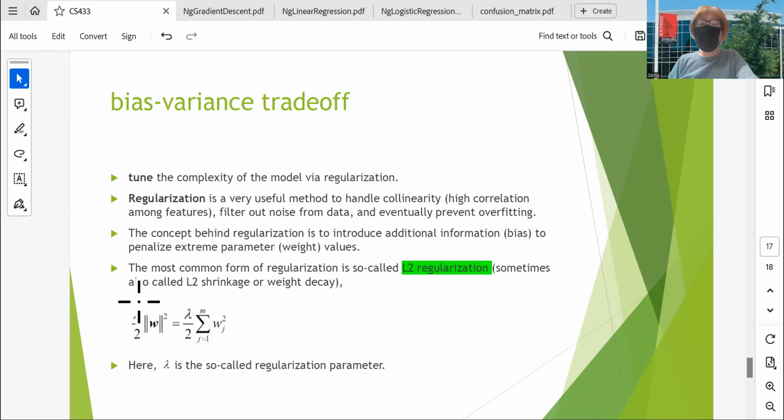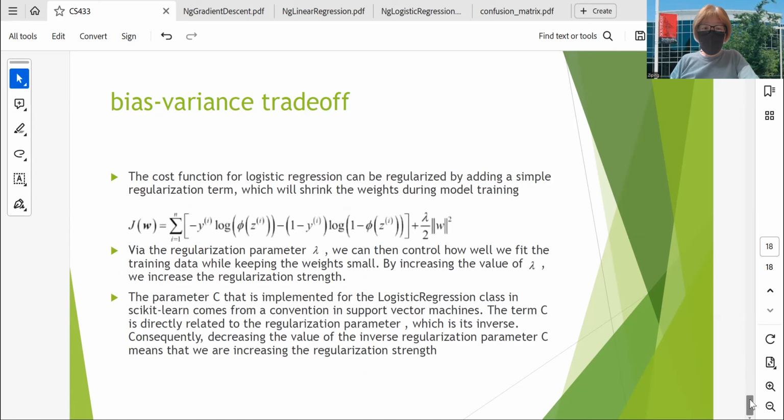You can tune this lambda to tune your model. So this is called regularization. If we consider regularization, then you can add this regularization term to the cost function to tune the model.